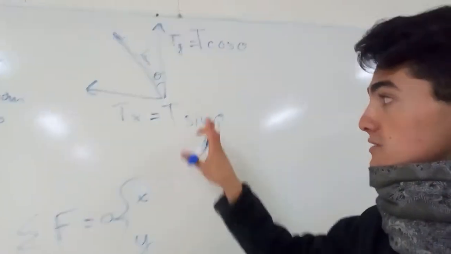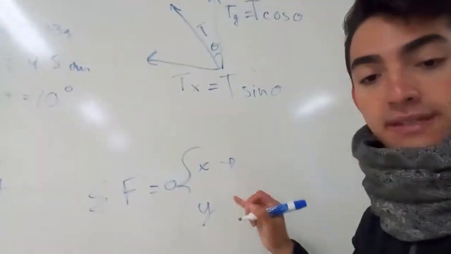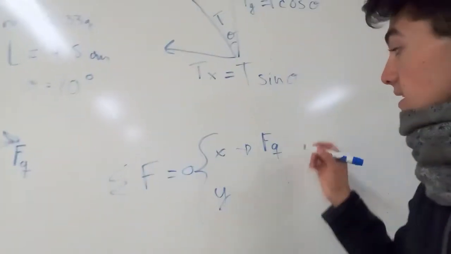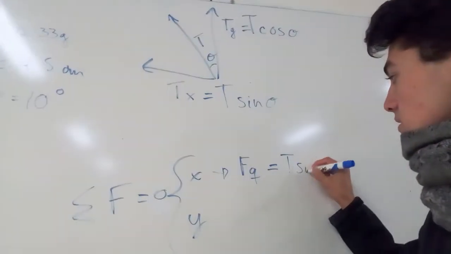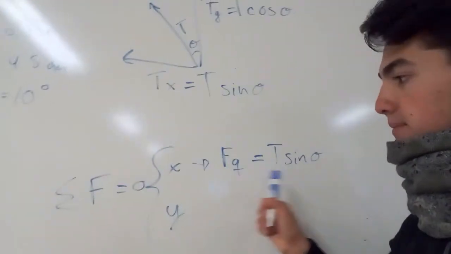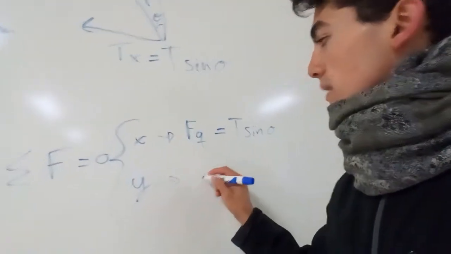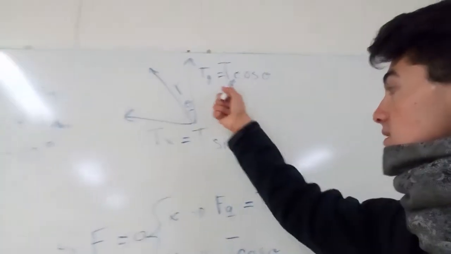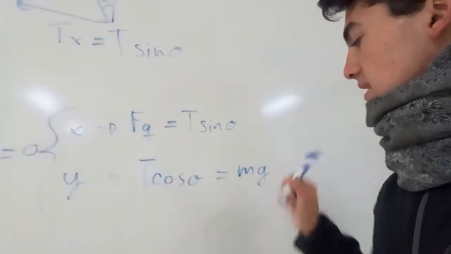Now, once we have determined these two components, for the x forces, we have the force of the charge equal to the tension times the sine of theta. We have done it at equilibrium, so the sum is 0. For y, we have the tension times the cosine of theta, which is equal to the one that goes downwards, and this one is the mass times the gravity.